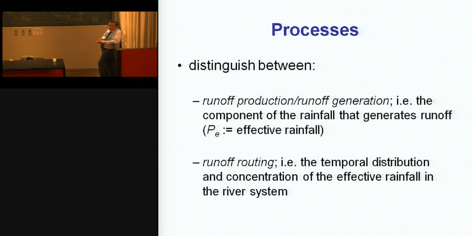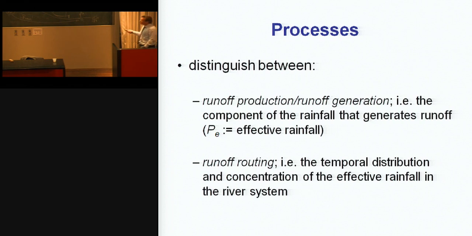Which part of the rainfall does not generate runoff? The evaporation fluxes, huh? All the interception evaporation, soil evaporation, surface evaporation does not produce any runoff. Only part of the rainfall is producing runoff, the so-called effective rainfall. Also heavily used for hydraulic engineering design exercise, also effective rainfall. That's the runoff generation term.